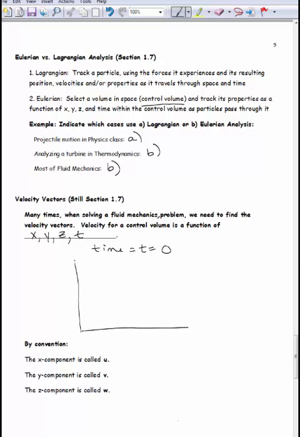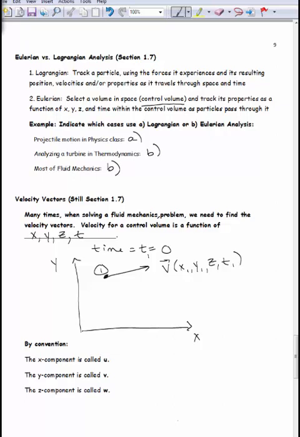And again, at a different time, this will look different if it is unsteady. Let's put a coordinate system inside our control volume, and we'll just do 2 dimensions for now. If you look at this particular position, position 1, it's got an x1 and a y1, and it's going to have a velocity vector at that point. So velocity there will be a function of x1, y1, z1, and we'll call this t1.